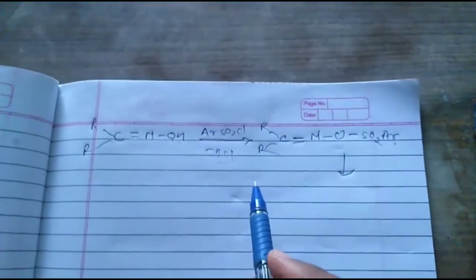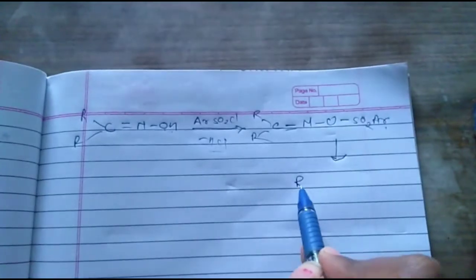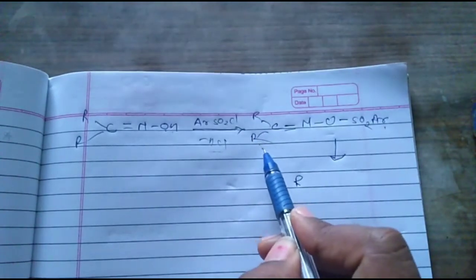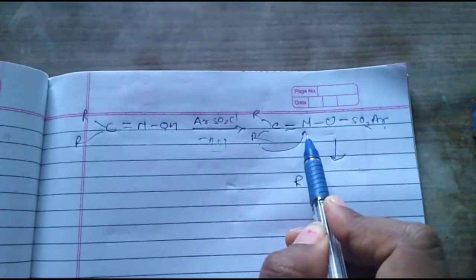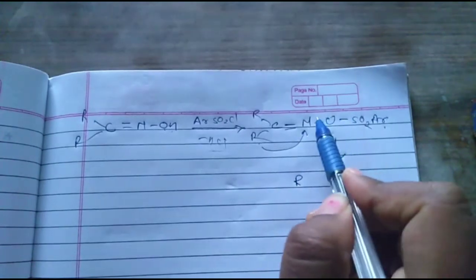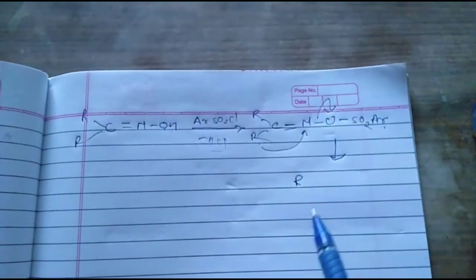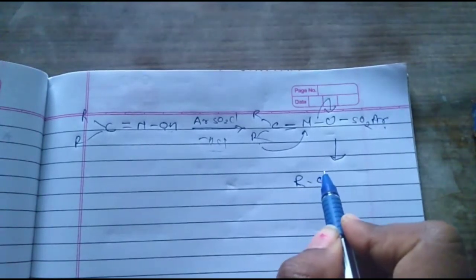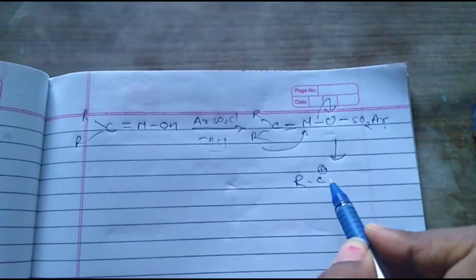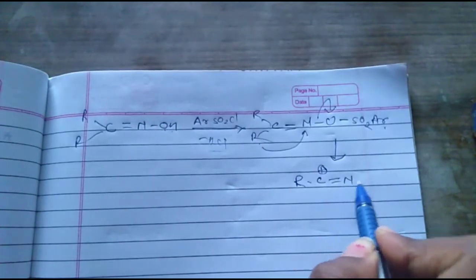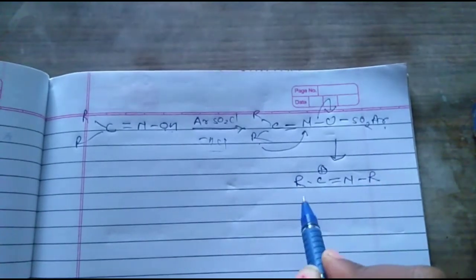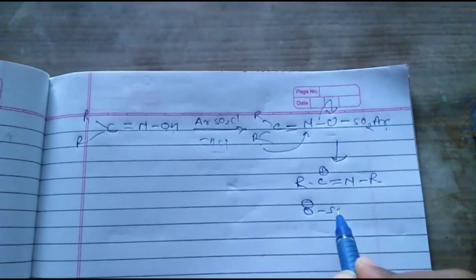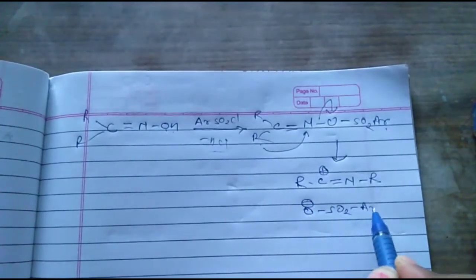What happened here? The R group is rearranged to this nitrogen, by removing this bond, and there is a formation of RC+=NR, and the remaining is what? O- SO2Ar.